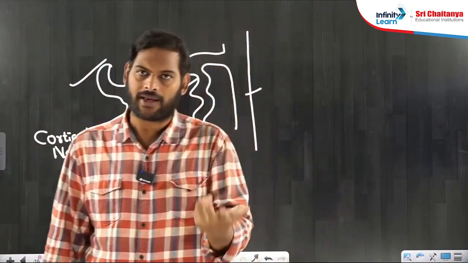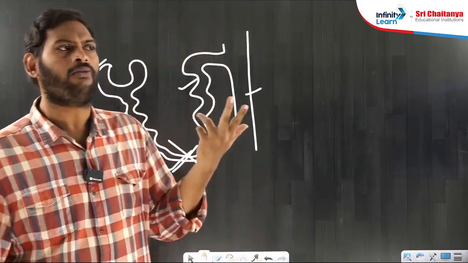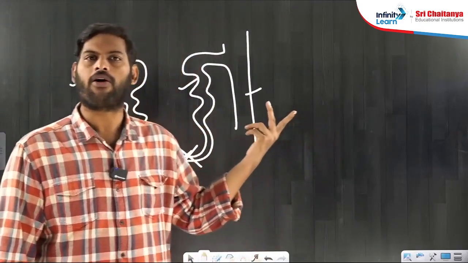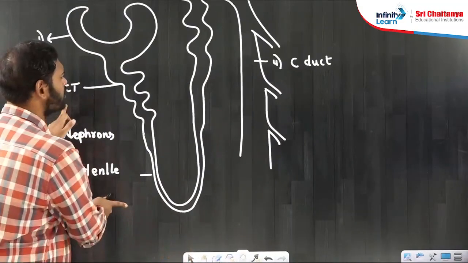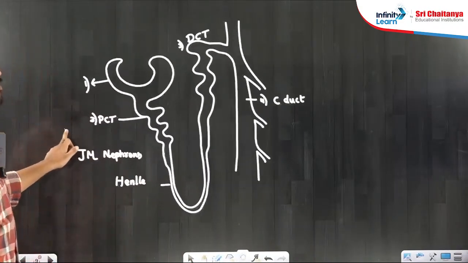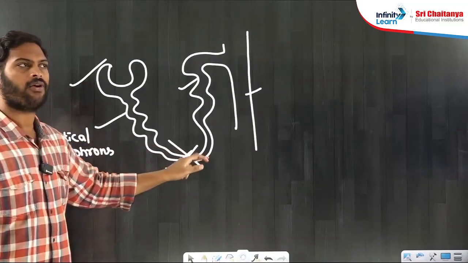Nephrons with loop of Henle, juxtamedullary nephrons, nephrons without loop of Henle, that was cortical nephrons. See this. This is juxtamedullary nephron with loop of Henle, and this is cortical nephron without any loop of Henle.